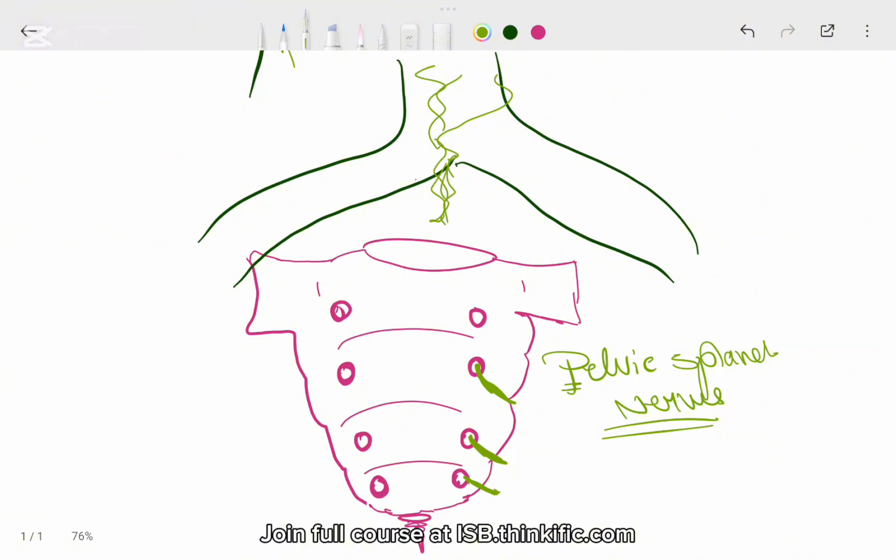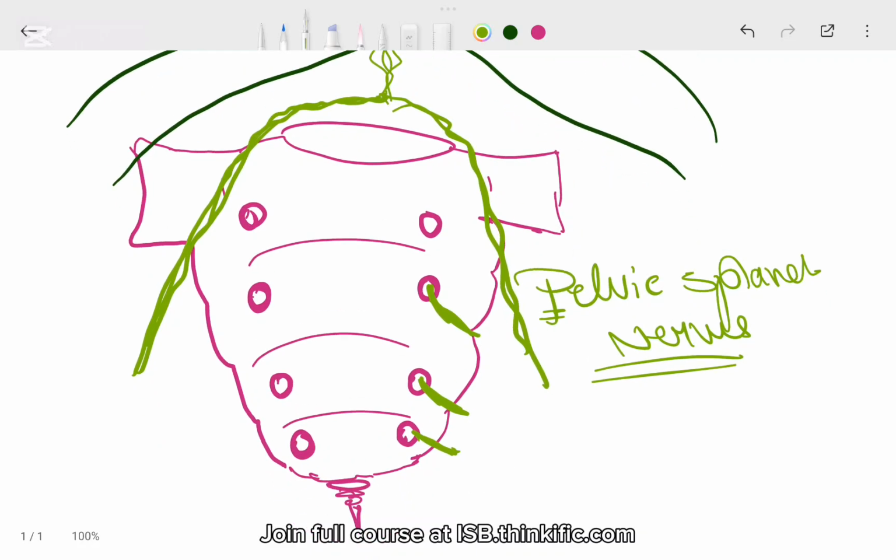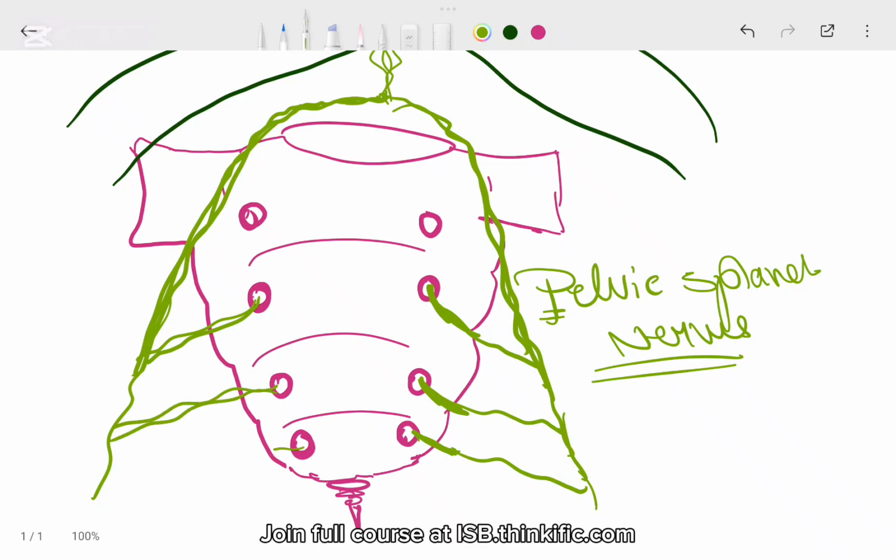Then the superior hypogastric plexus divides into two hypogastric nerves, right and left. And then these two hypogastric nerves join the pelvic splanchnic nerves to form yet another plexus inside of the pelvis, which is called the inferior hypogastric plexus, right?